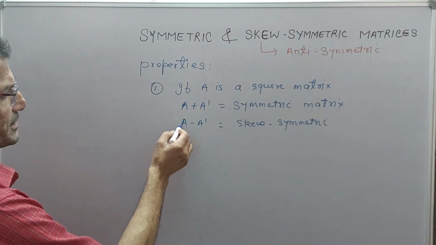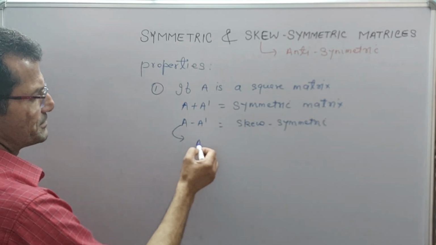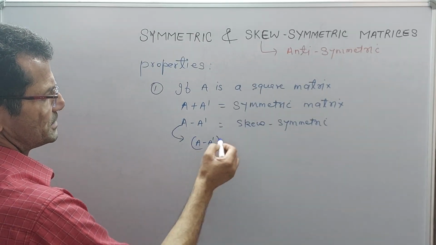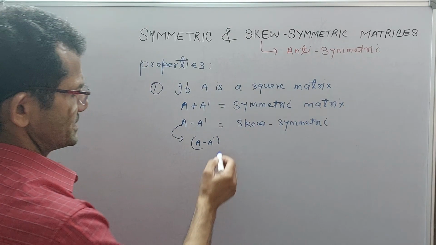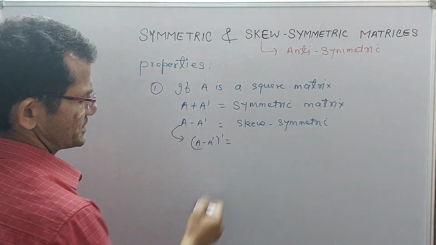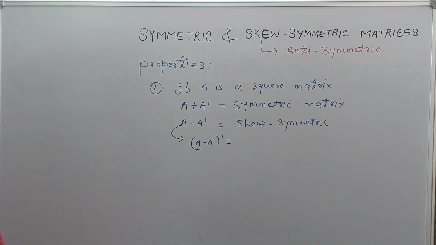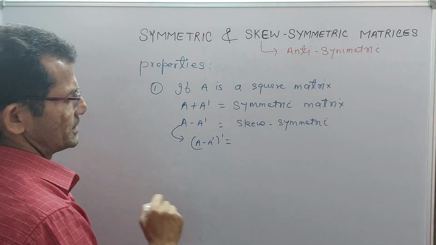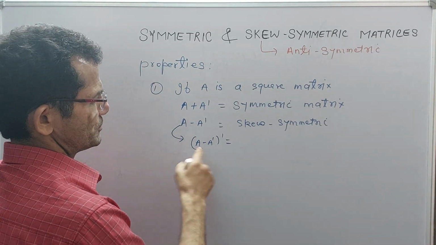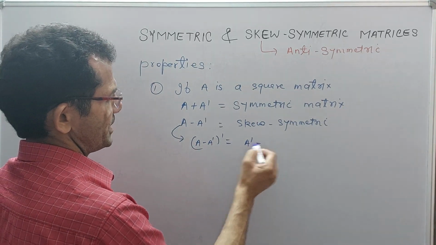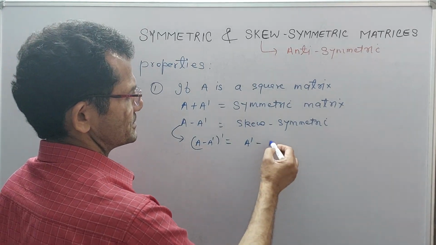How does it become skew symmetric? For the skew symmetric matrix, we have to take the transpose of this one. By the properties of transpose, it becomes transpose of A minus, and this is a double transpose.